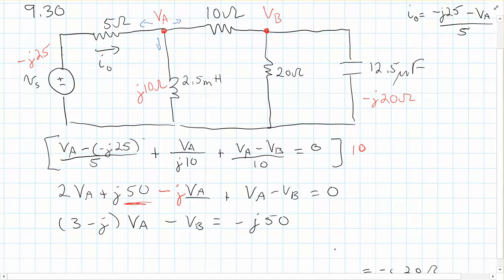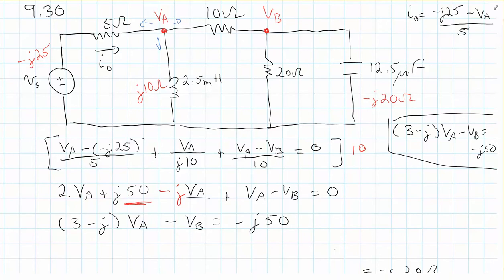Now again, if you don't have all of this copied down yet, I would pause the video to make sure to copy it down, because I'm going to start writing another one. I'm going to write this off to the side: 3 minus J VA minus VB equals negative J50, just so I can keep track of that, because I'll need that in a second.